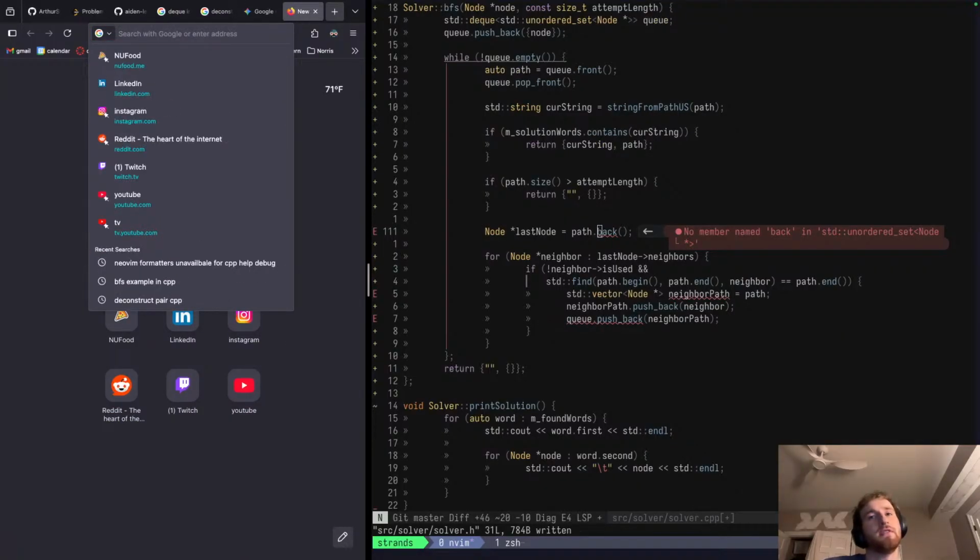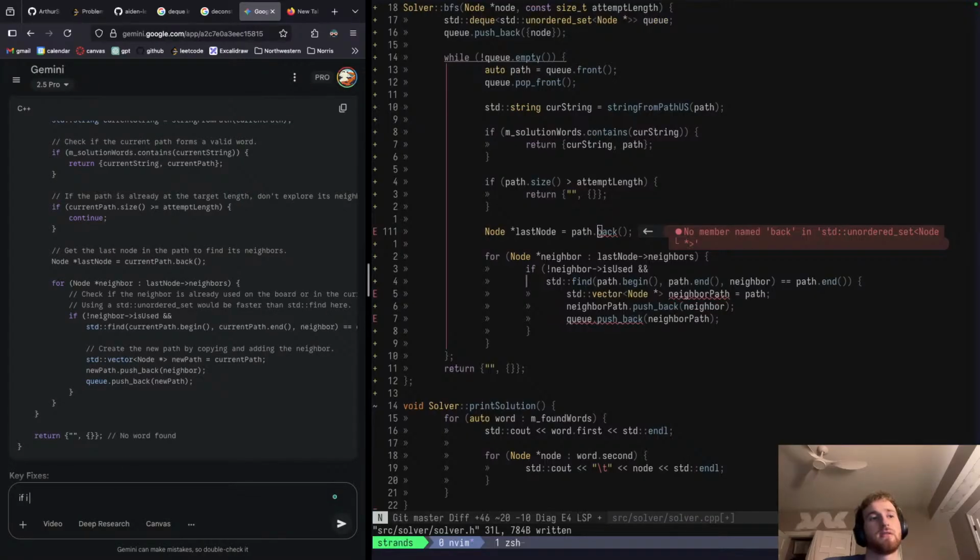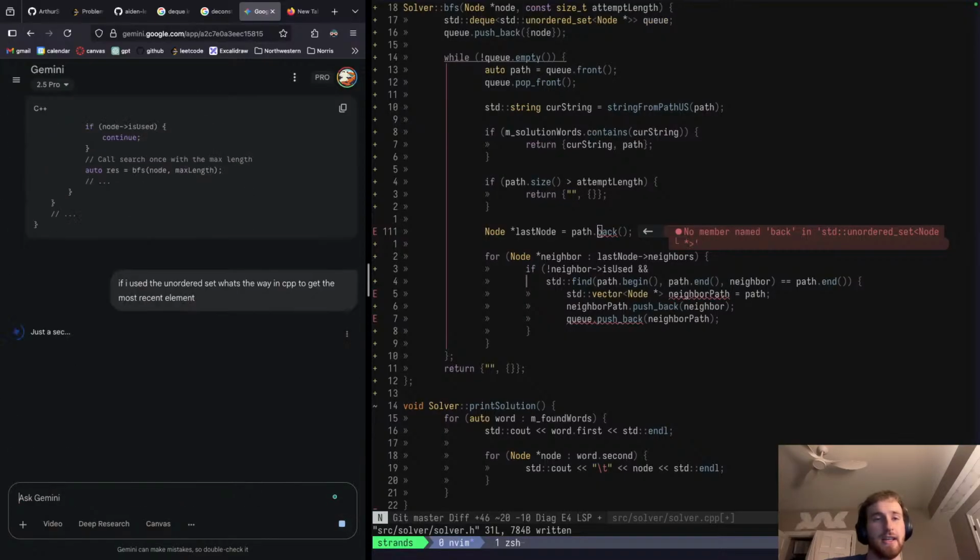But how do I get the last node of a path? Inherently it's unordered.